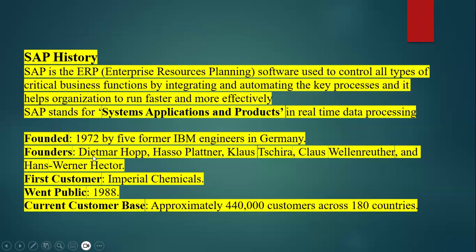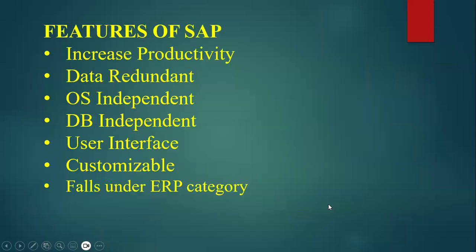The founders' names are Dietmar Hopp, Hasso Plattner, and others. The first customer of SAP was Imperial Chemicals. SAP went public in 1988. The current customer base is approximately 4.4 million customers across 180 countries.